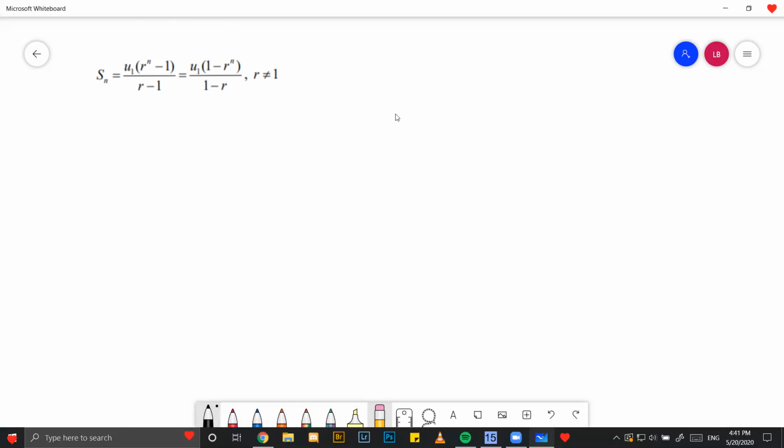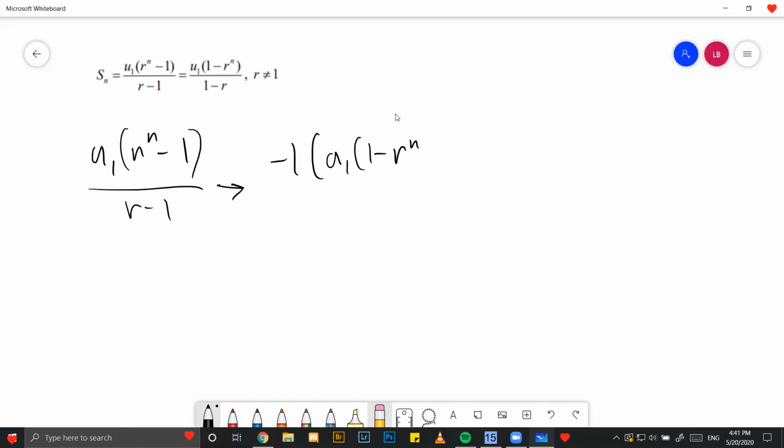Here, the reason it's flipped is basically this. Let's just look at this. I can do this really quick and show you how it flips algebraically. So r minus 1. I can take out a factor of -1 from it. I can make it -1 times a1 times 1 minus r to the power of n. Do you see what I did there?